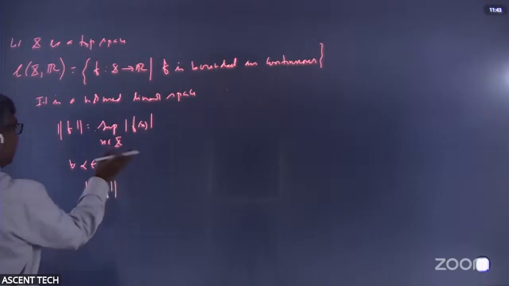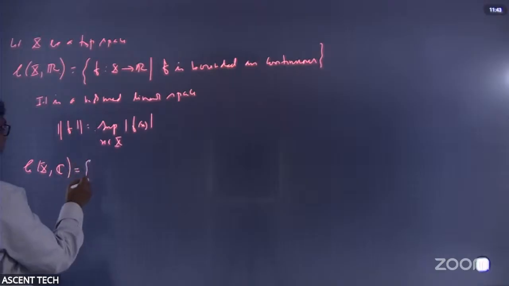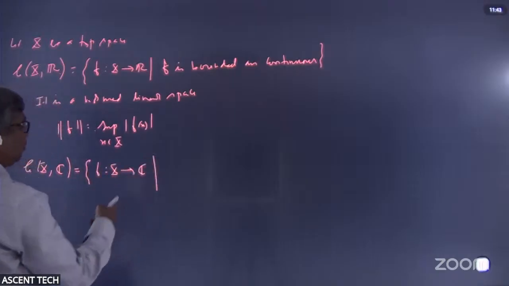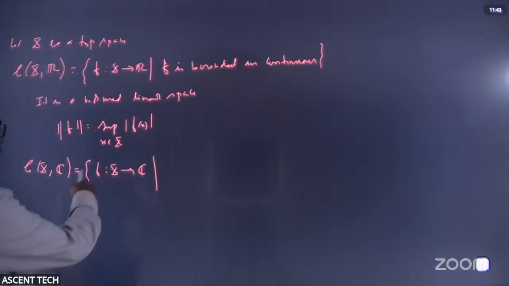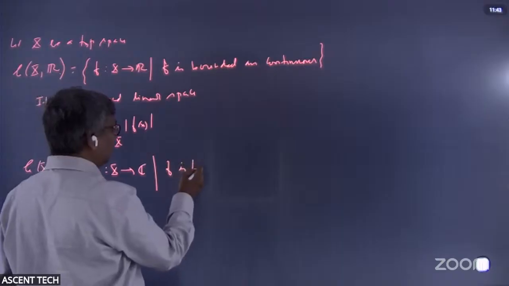So what is C(X, C), with C the complex plane? That is the set of all functions from X to C. C also is a topological space and X is a topological space, so it makes sense to talk about continuity. f is bounded and continuous.